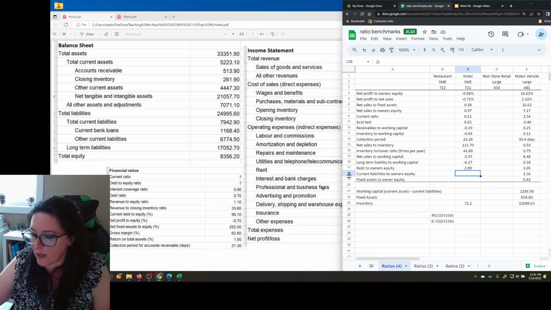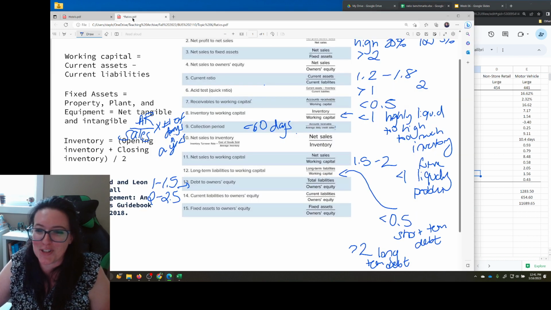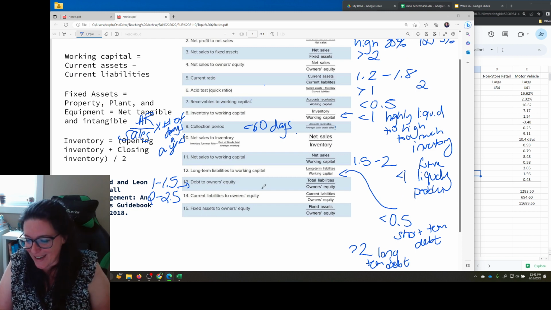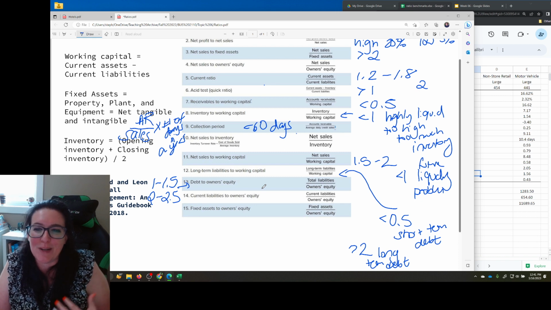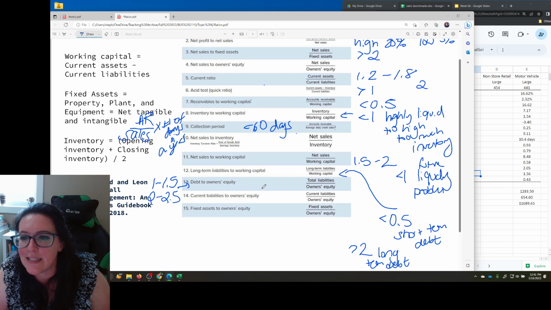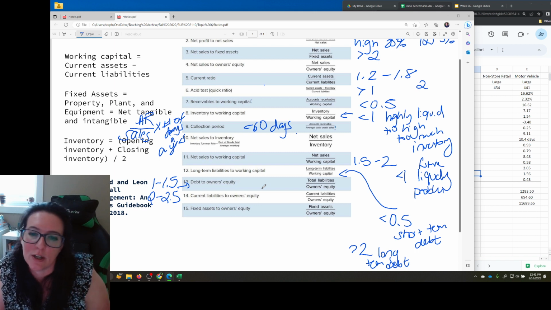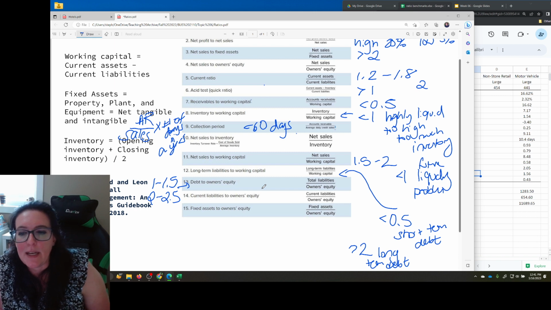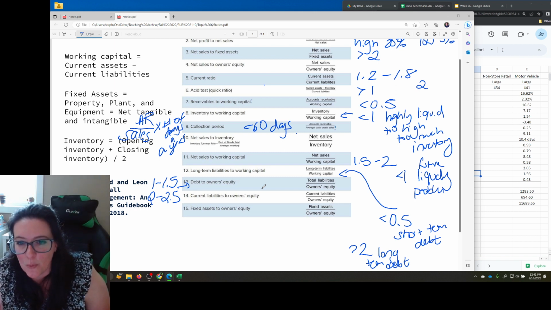All right, two more: current liabilities to owner's equity and fixed assets to owner's equity, since you're probably getting tired of financial ratios by now. Current liabilities to owner's equity. Notice that this formula is very similar to the one we just looked at. The difference is instead of all liabilities, all debt, we're just looking at current liabilities. And so here we're looking at the ability to meet short-term debt with our investments.